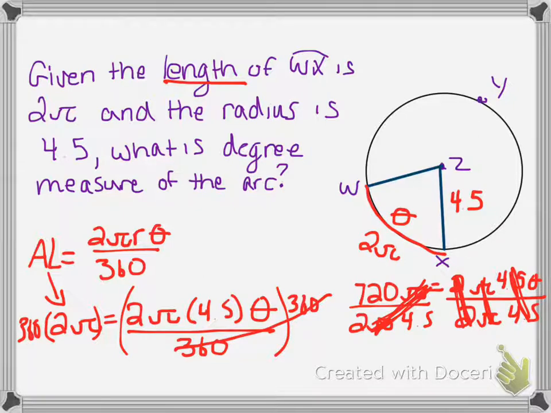So I'm left with 70 divided by 9, which gives me 7.7. Obviously we can't have that decimal, so I've got to back up. I know that I've got 720 divided by 9, so I'm going to simplify that fraction.